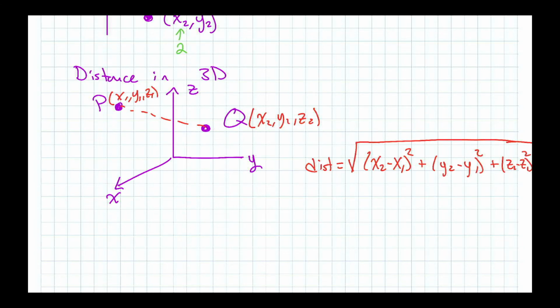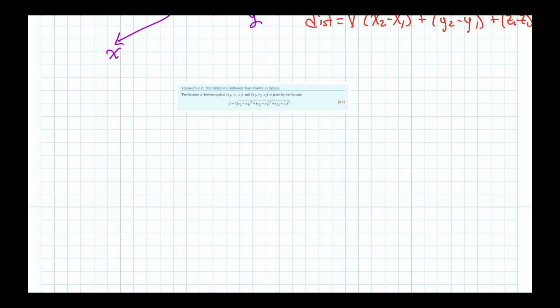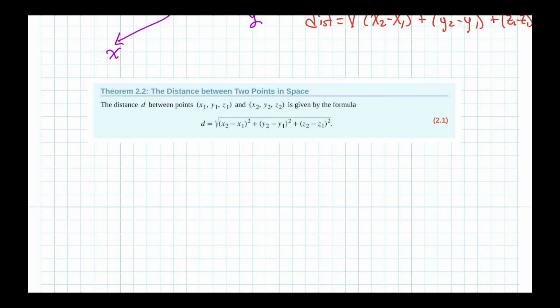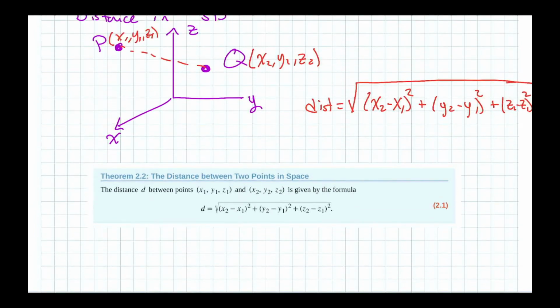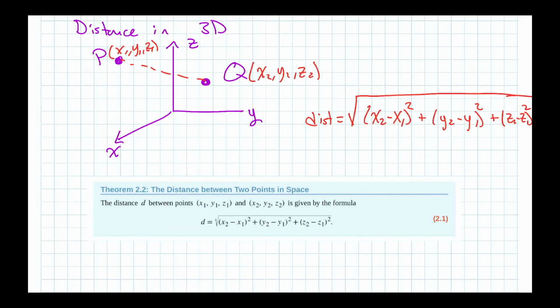All right, so it's just the same exact formula. I don't know why I saved that, but I did, so I'll just put it in there anyway. There's your formula. So distance between 2 points in space, it's the exact same formula. It's just you don't have this term if you're in 2 dimensions, and you do if you're in 3 dimensions.